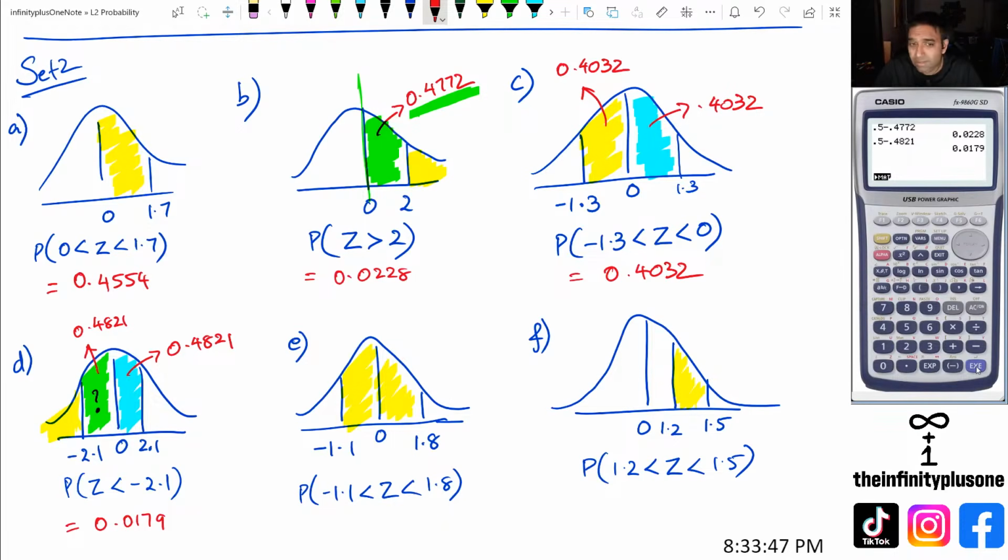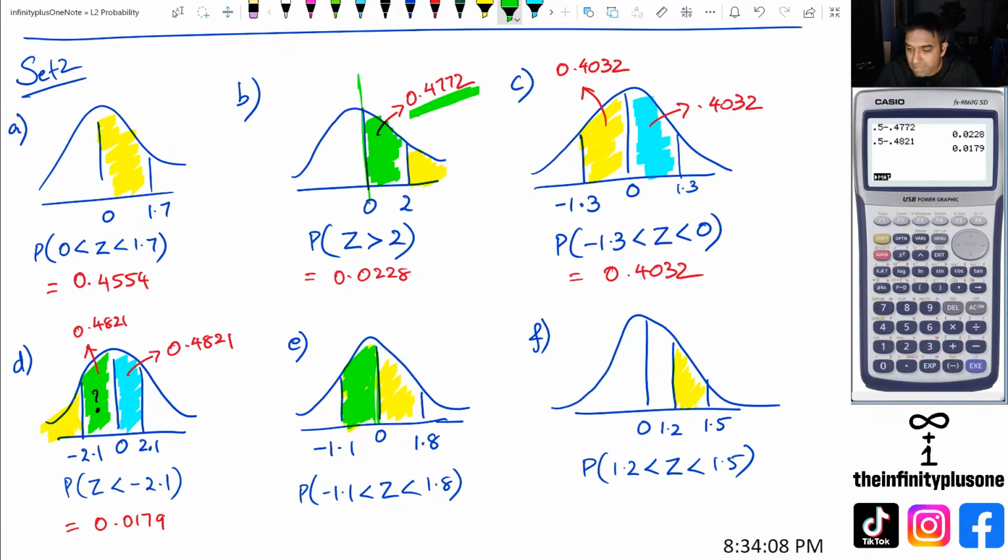Now let's have a look at question E. Question E is asking from 1.1 to 1.8. So I'm going to split them again as two parts, right? I'm going to do the yellow part first between 0 and 1.8. Then I'm going to do the green part and just add them together.